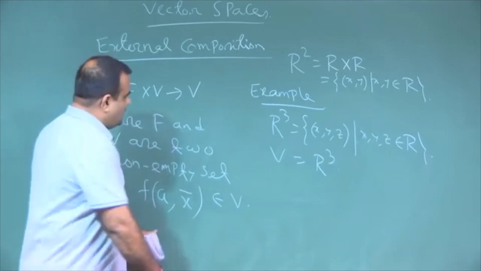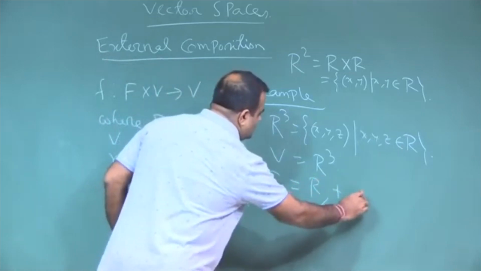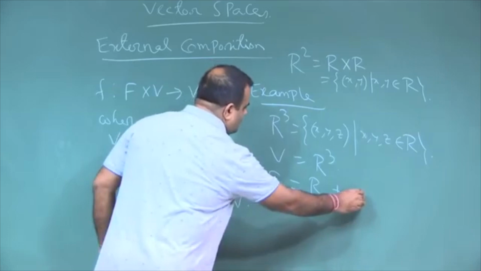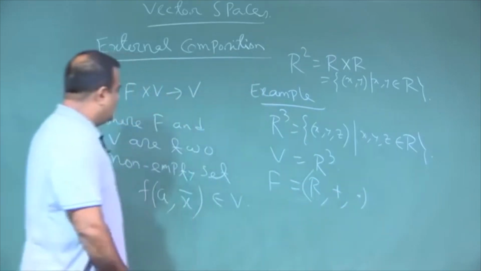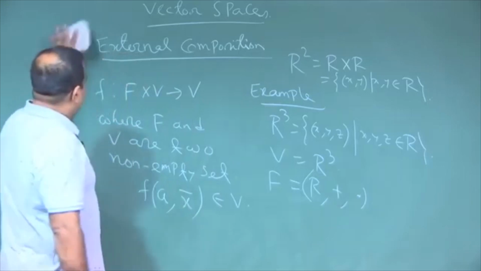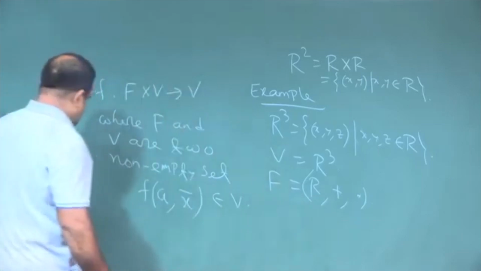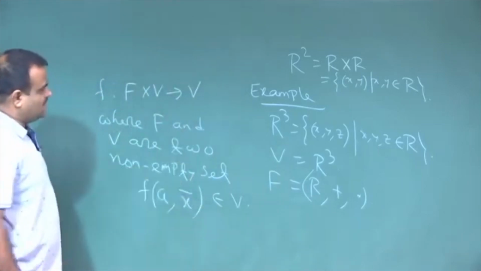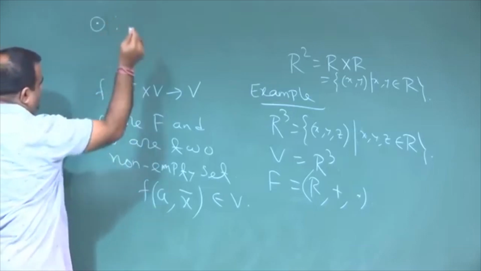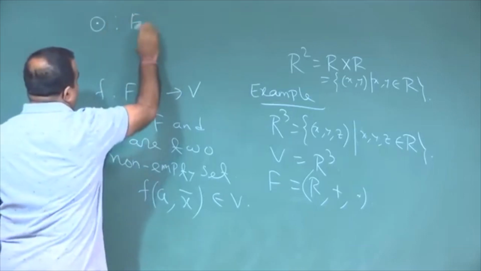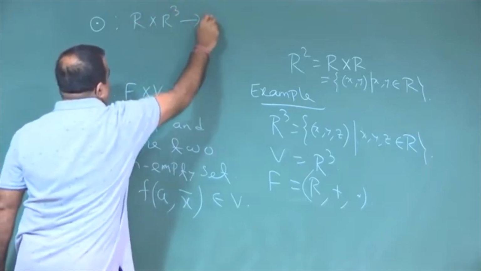Now, if we take f to be just the real numbers, we have this operation. Now, we define the multiplication operation, which we denote as R cross R 3 to R 3.